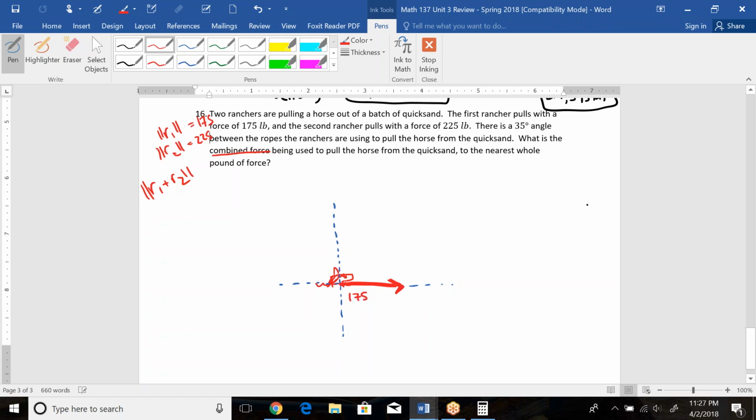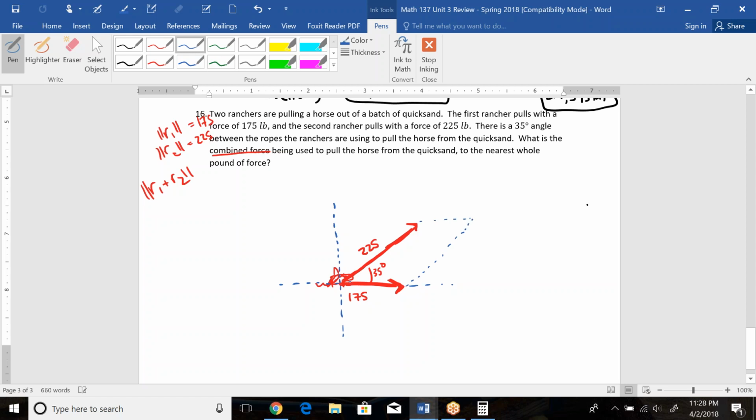And then we go up a 35-degree angle, and we draw the second vector, which has a longer magnitude, so I'm going to draw it a little bit longer. And this one's 225. So this is 35 degrees in the middle. We want to know the combined force, which is this displacement, where this actually makes a parallelogram.